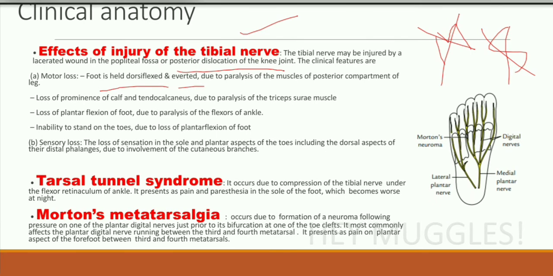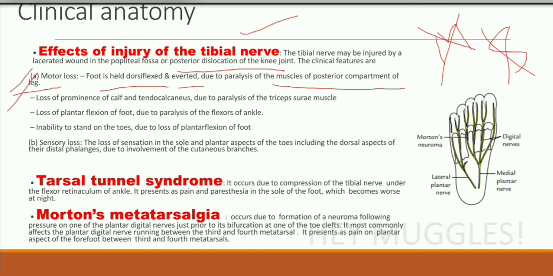So your foot is resting on the heel and on its medial border, right? It is in a position of dorsiflexion and eversion, right? So what happens? It is due to paralysis of the muscles of the posterior compartment of the leg. Obviously, all the muscles of the posterior compartment of the leg are supplied by your tibial nerve.